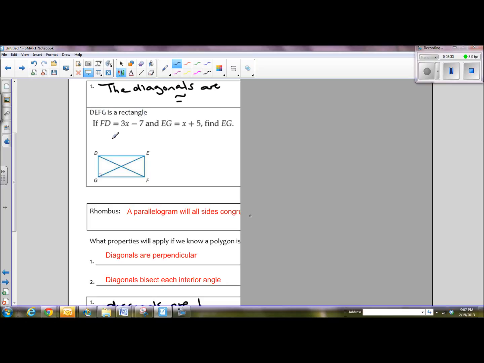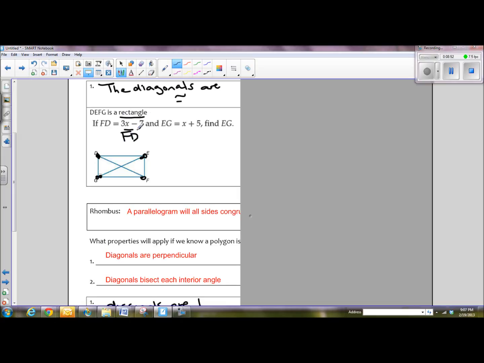So the first property, the diagonals are congruent. It says DEFG is a rectangle. If FD, the whole diagonal FD, is 3x plus 7, and the whole diagonal EG is x plus 5, in order to find EG, you have to know that in a rectangle, the diagonals are congruent.